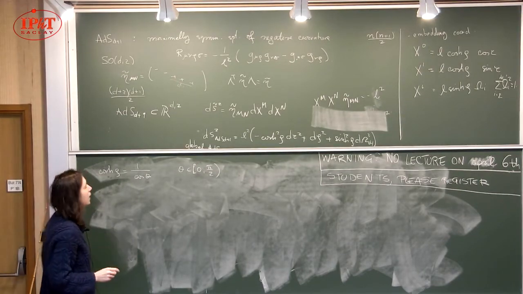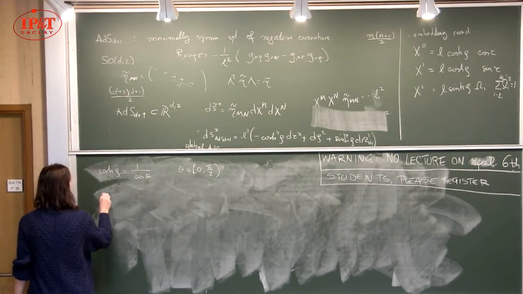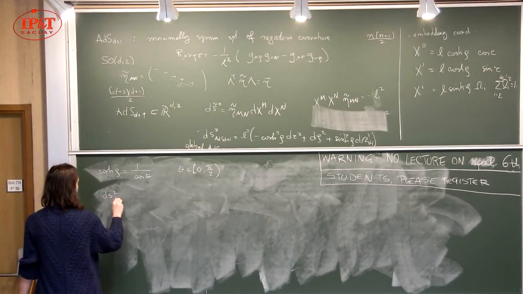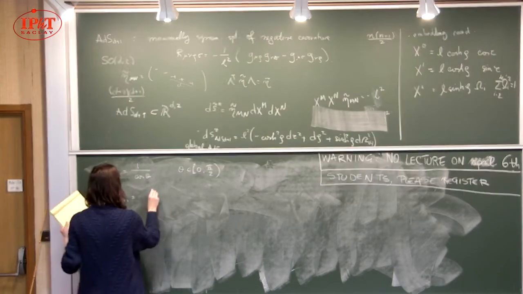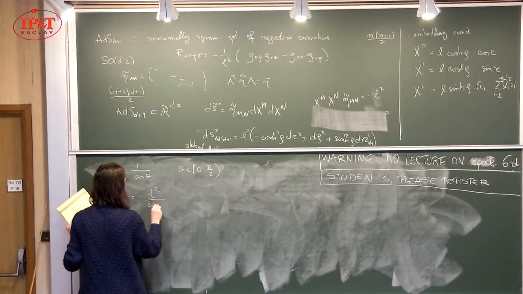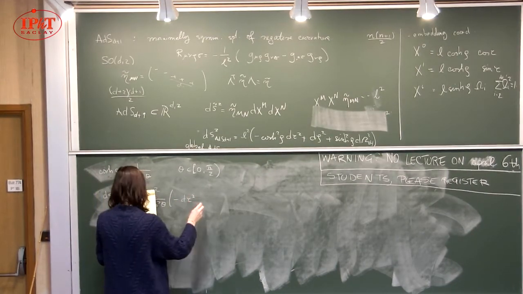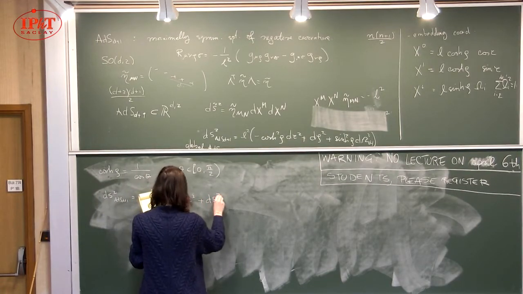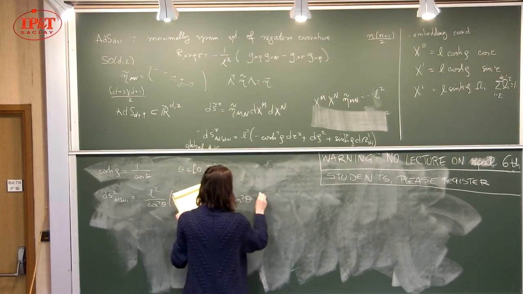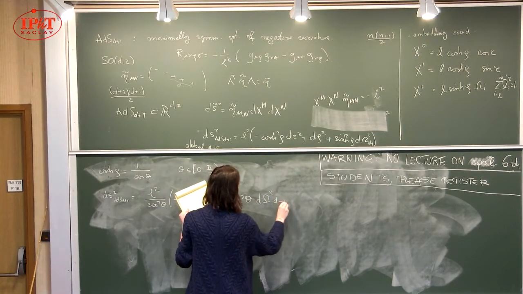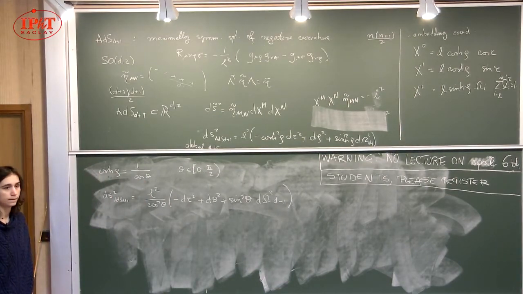Okay. And if you do this substitution, you plug it into this metric, then you can write the metric as follows: L squared over cosine squared of theta times minus d tau squared plus d theta squared plus sine squared of theta d omega squared d minus 1.